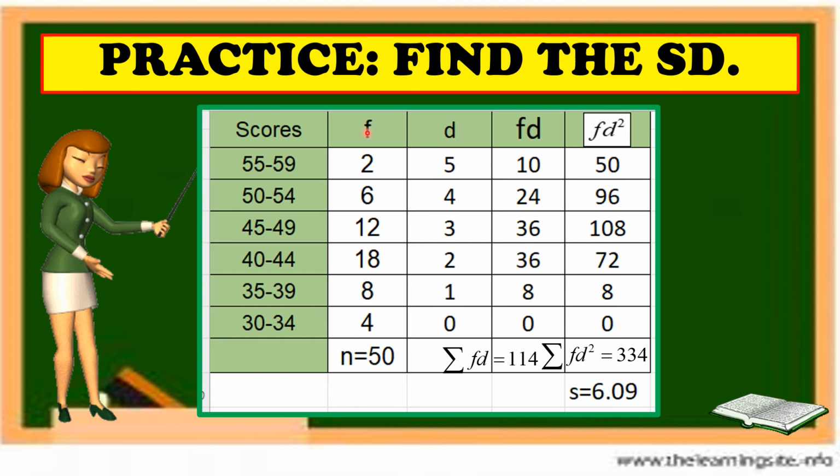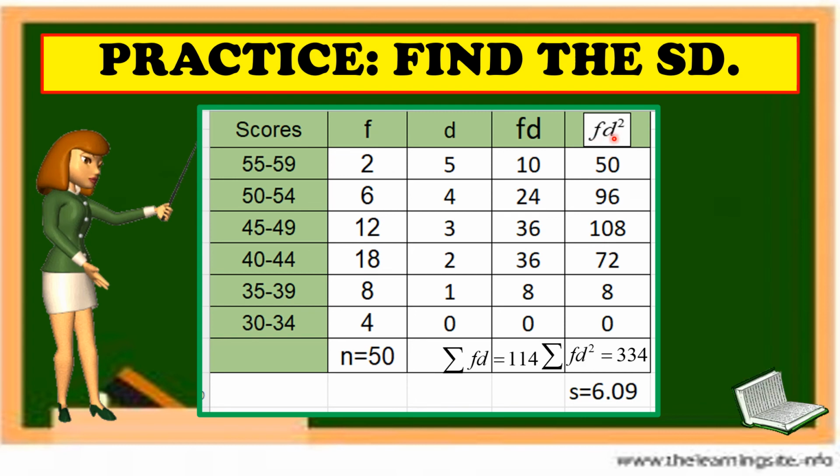That is the product of F and D. 2 times 5 is 10. 6 times 4 is 24. 12 times 3 is 36. 18 times 2 is 36. 8 times 1 is 8. And 4 times 0 is 0. Then we will find the sum of 10 plus 24 plus 36 plus 36 plus 8 plus 0. So summation of FD is 114.